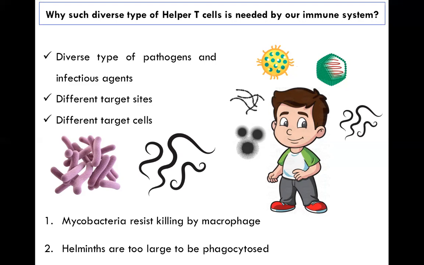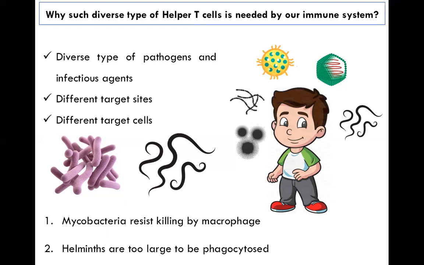And if we talk about another example, that is helminths. Helminths are parasites, but they are too large to be phagocytized. So how can we cope with such diverse types of pathogens like bacteria, helminths, and many more?